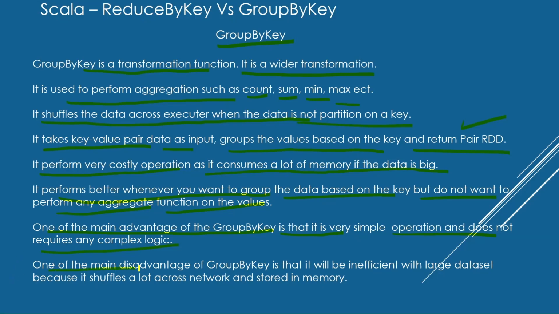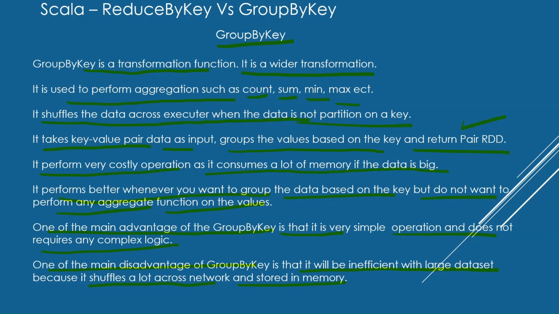One of the main disadvantages of group by key is that it is inefficient with a huge data set because it suffers a lot across the network and is stored in memory. When the data set is large and the shuffling of the data starts from the very first stage of the transformation, the data would be stored in memory, and when the shuffle happens across the network, that will make the performance slow.